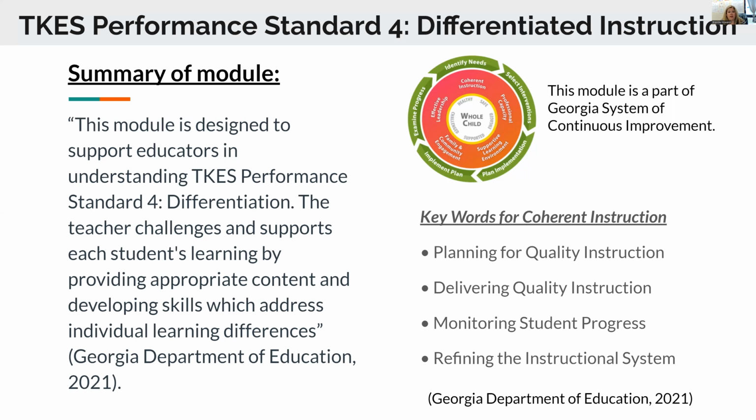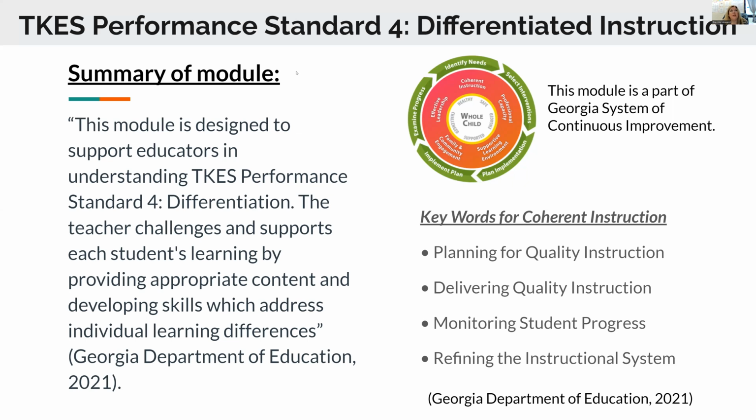Monitoring their progress is using a methodical way to discover what the students are getting and what they're not getting, and what are you going to do about it when they're not getting it. Refining the instructional system means that the instructional system examines how we show improvement for planning the quality instruction, delivering the quality instruction, and monitoring the student progress.